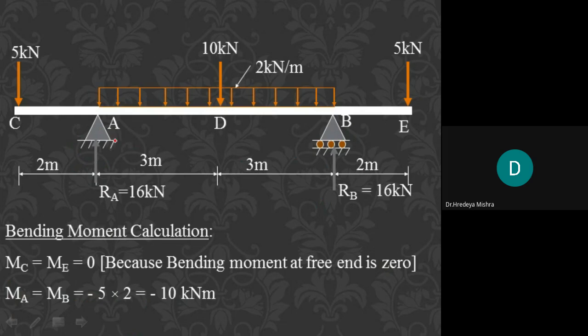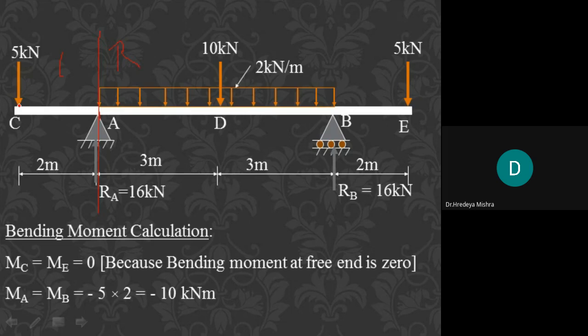How we can see? See, when we calculate the bending moment, we consider only one side. We consider the left side or we consider the right side. Okay.